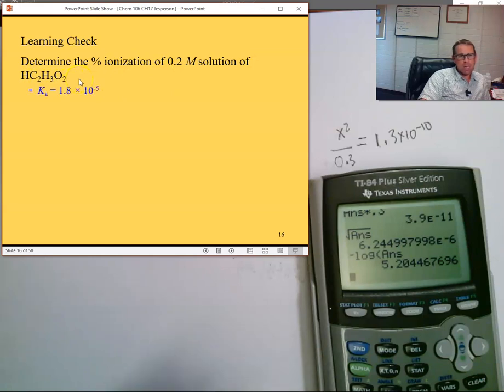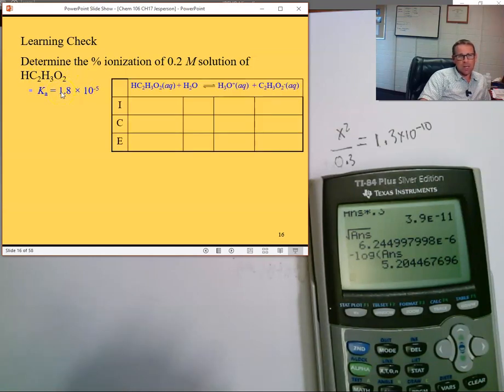Okay, same thing. We need a Ka, we need our ice table: initial concentration, change, equilibrium concentrations. All right, we're in the same spot now.